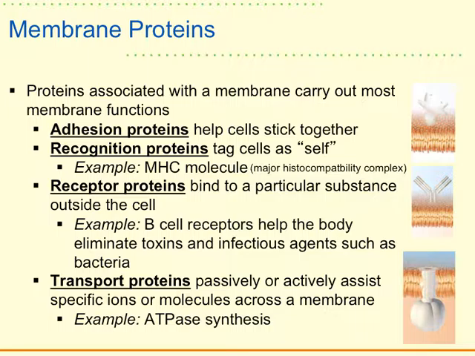So you can imagine that these receptor proteins are doing work, right? They're allowing things to get in and out of that membrane, okay? And transport proteins passively or actively assist specific ions or molecules to move across the membrane. An example of that is ATP synthase, and that is the energy making protein.